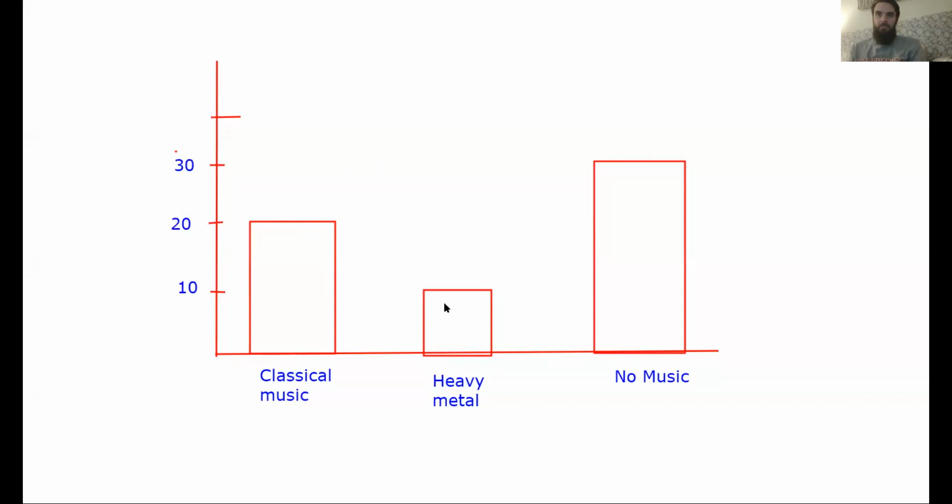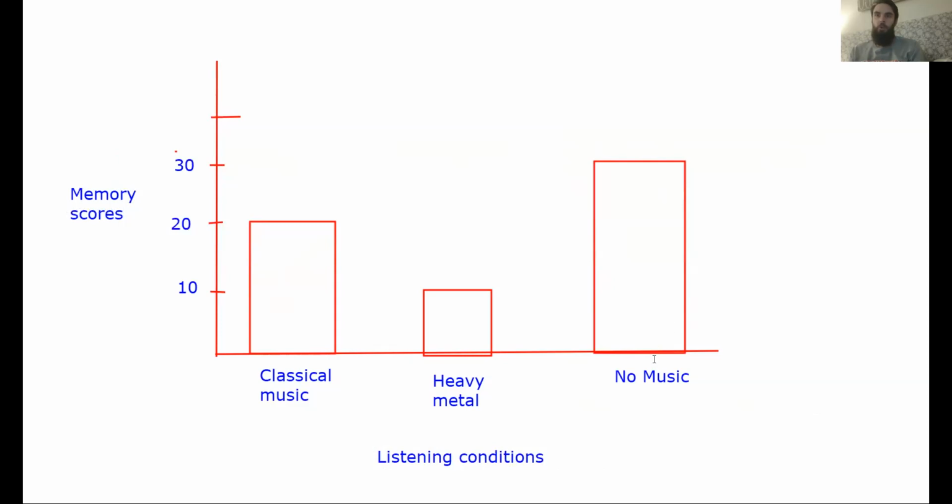These are the means that we were just talking about. That people's memory scores differed across the different levels of the listening conditions.